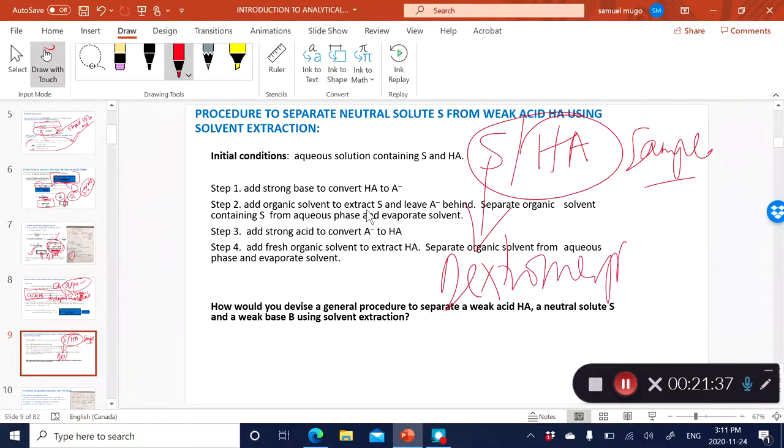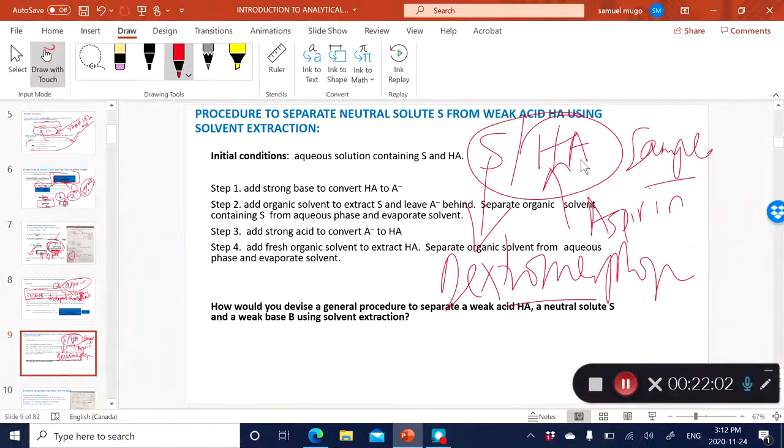A cough syrup. Dextromethorphan, whereas HA possibly is an acid, such as aspirin. Okay? And my interest is to actually separate both of them because they are very important pharmaceutical products. I want to separate both of them into an organic solvent. So how do I do it?